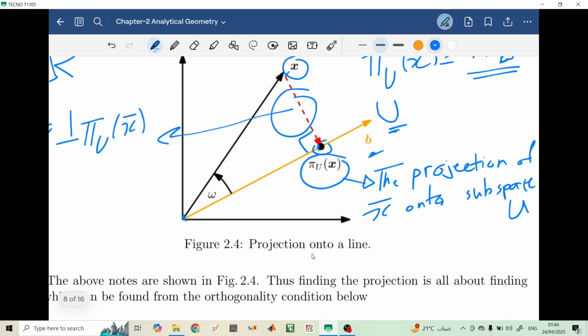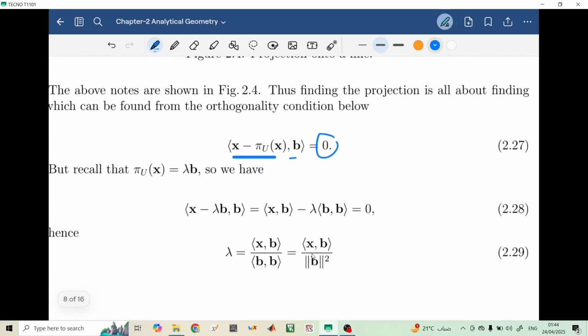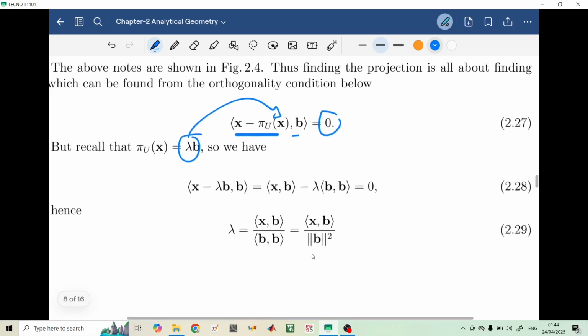Let's say that we're taking the dot product in the Euclidean space. So when you simplify this expression, the first thing is we substitute lambda b instead of the projection. And then we use the bilinear property of the inner product, so we distribute the terms, and we have two inner products.